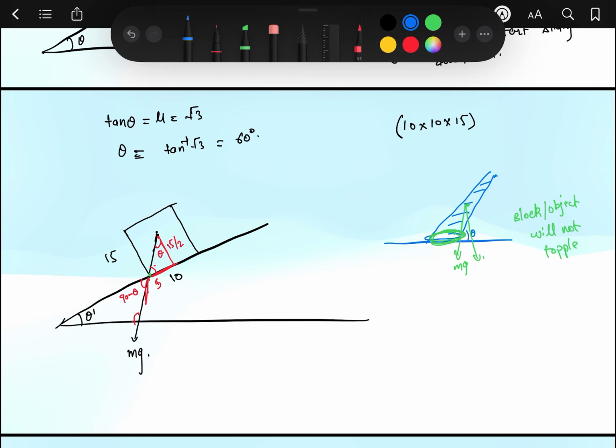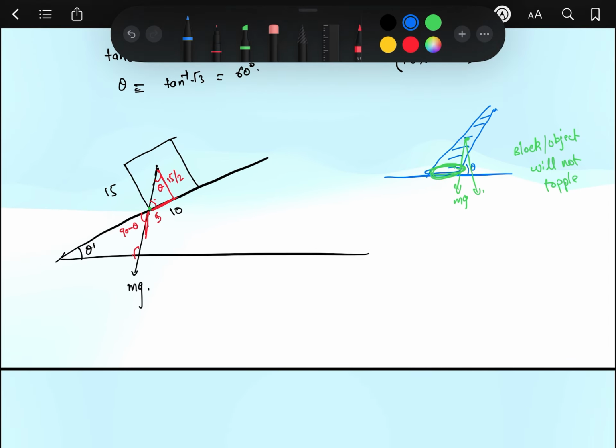So in this small triangle formed, if I find tangent theta, then tangent theta will be equal to perpendicular by base, that means 10 by 15 by 2, that is equal to 20 by 15, that means 4 divided by 3.